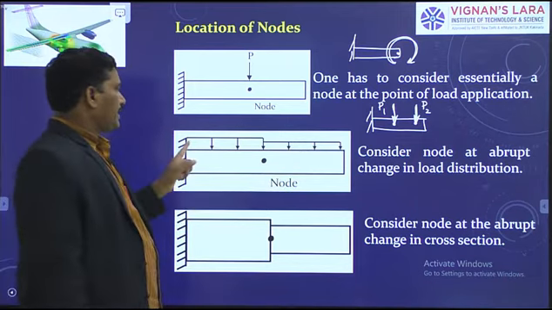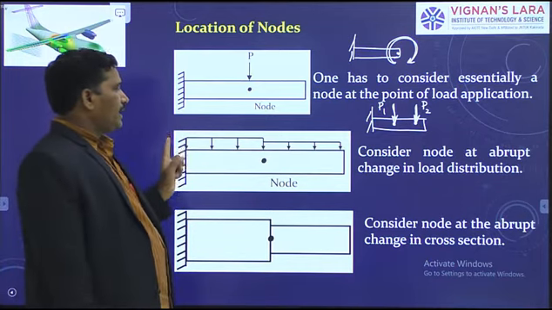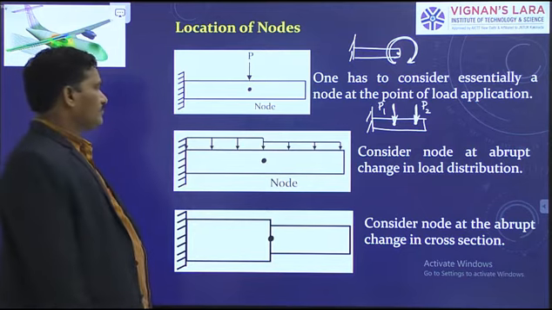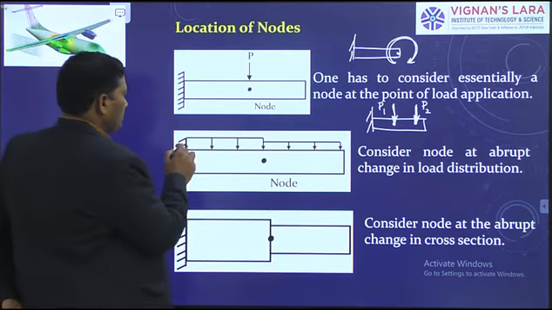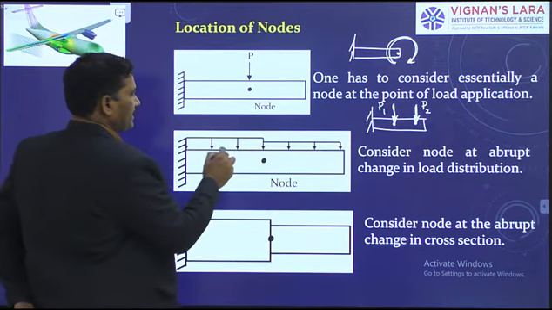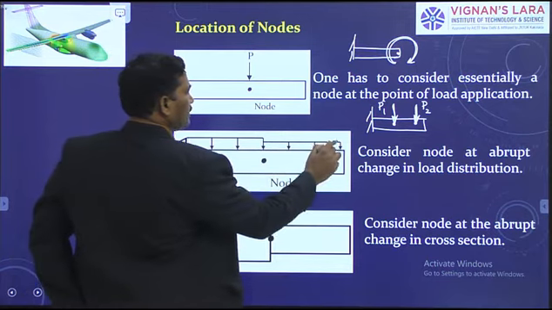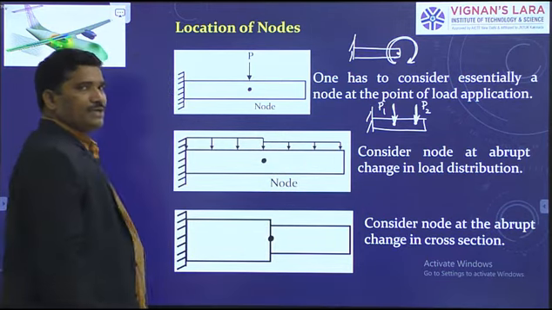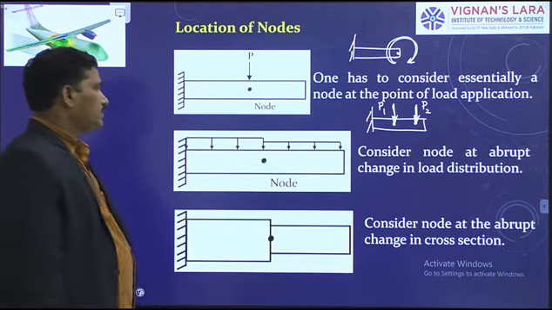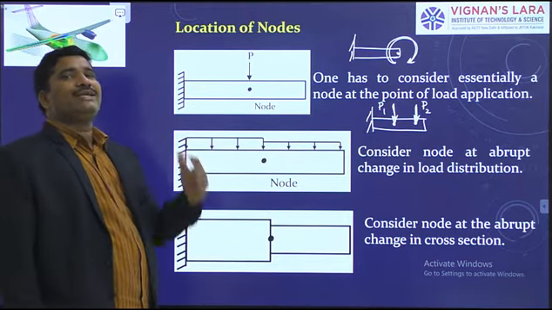This is a cantilever. It is supporting distributed load. From this section to this section, the load intensity is different. And from here to here, the load intensity is different. Here we observe two distributed loads with different load intensities.